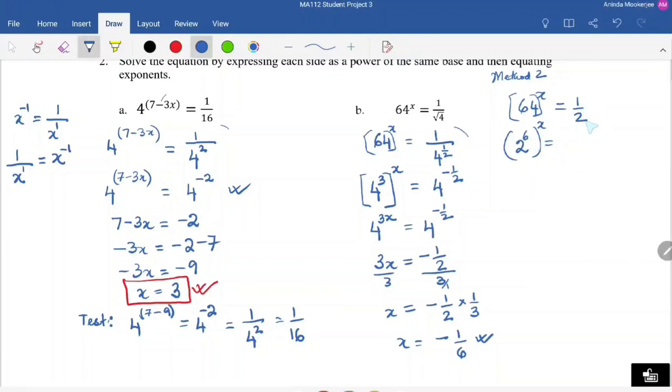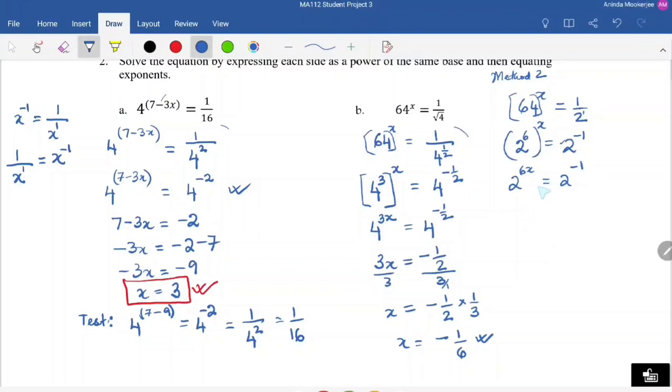We have to bring the 2 in the denominator up to the numerator level. So that would be 2 to the negative 1, correct? This is like 1 divided by 2 to the power 1. And when you flip the numerator and the denominator, the exponents will change signs. It will be 2 to the negative 1. So we have 2 to the power 6 times x equals 2 to the power negative 1.